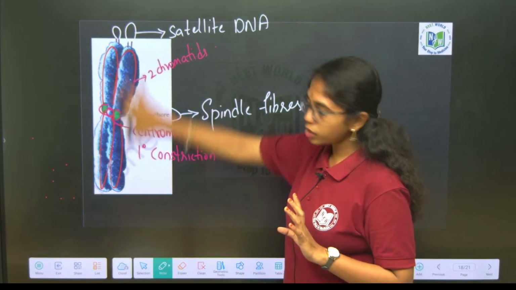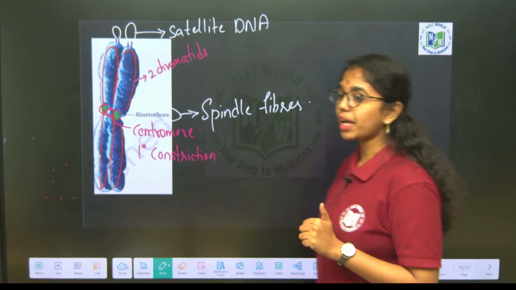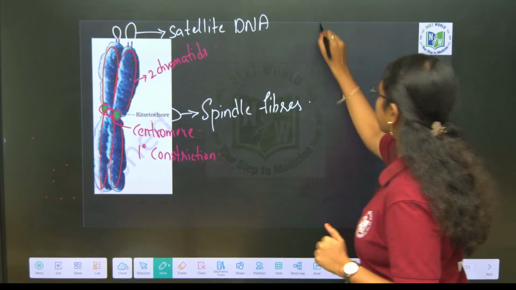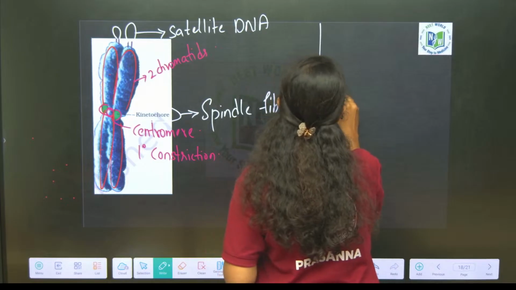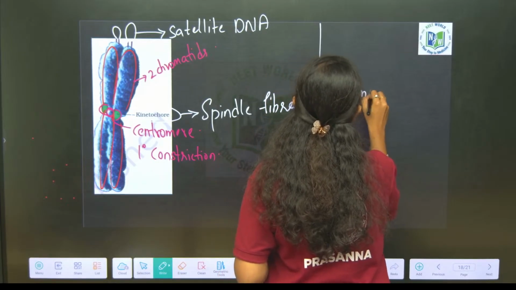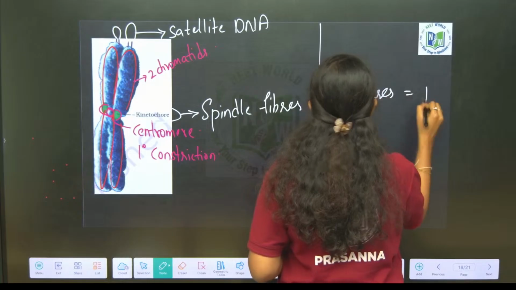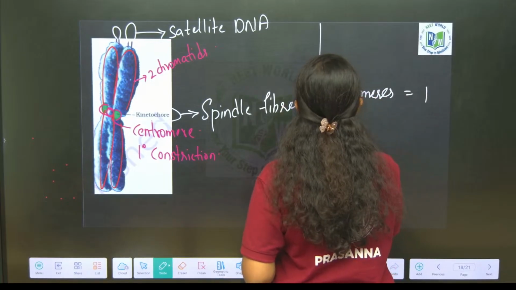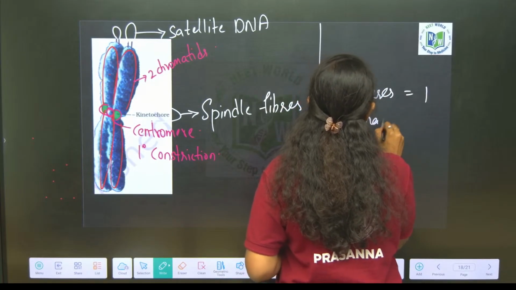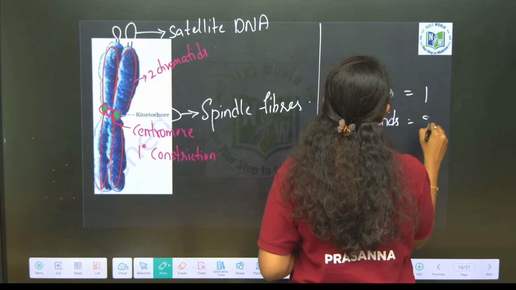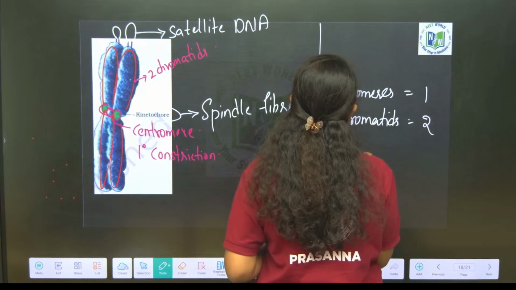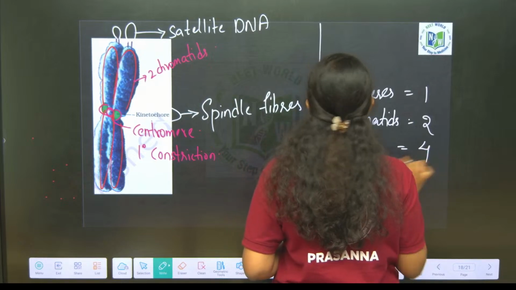So here in this chromosome structure, how many primary constrictions are present? Primary constrictions are centromeres. Only one. Fine. How many chromatids? Two chromatids. How many arms of the chromatids are present? Four arms of the chromatids.